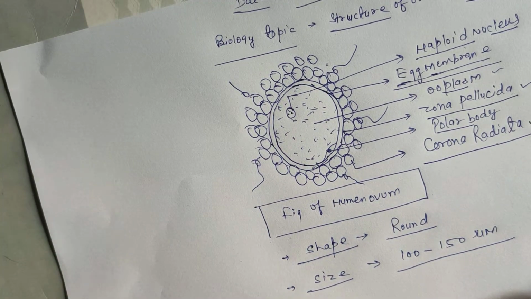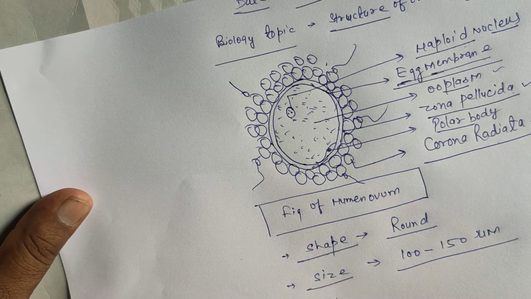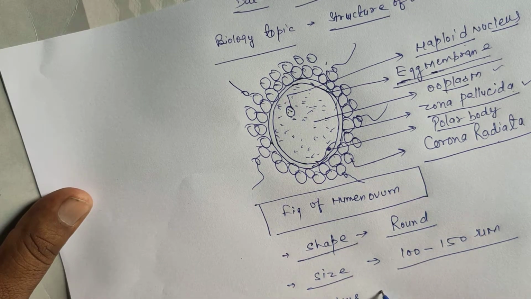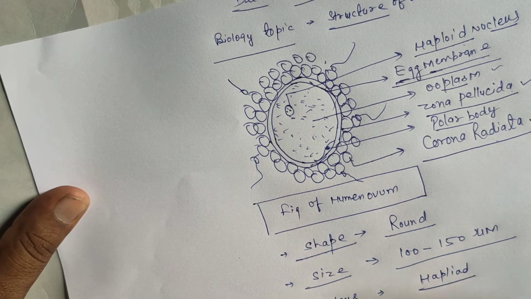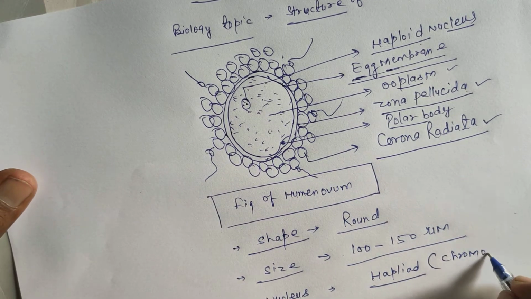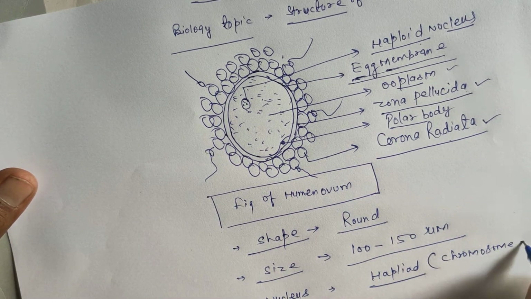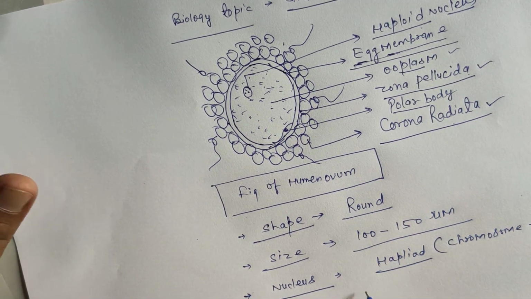Third, nucleus is haploid. It means chromosome is 23.